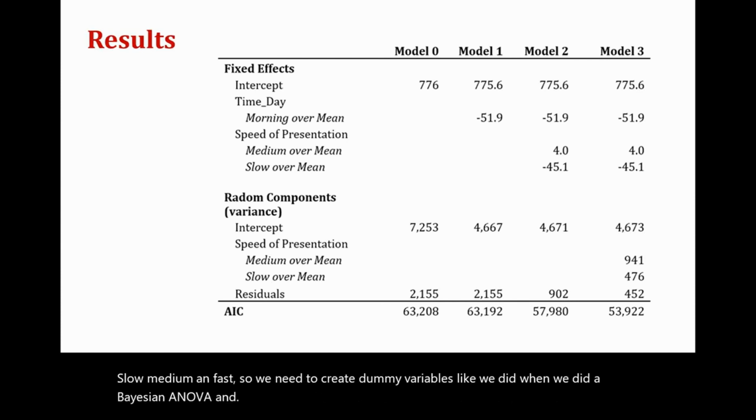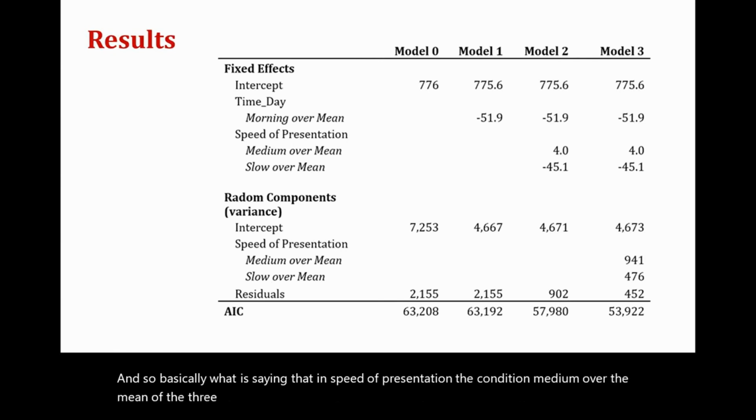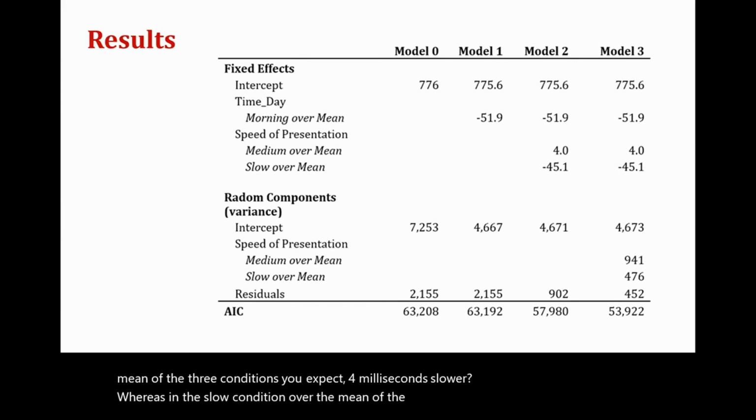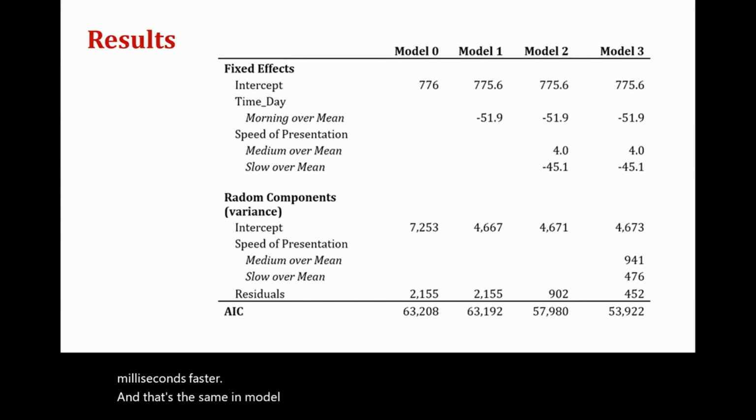And so basically what it is saying is that in speed of presentation, the condition medium over the mean of the 3 conditions, you expect 4 milliseconds slower. Whereas in the slow condition over the mean of the 3 conditions, you expect 45.1 milliseconds faster. And that's the same in model 2 and in model 3.